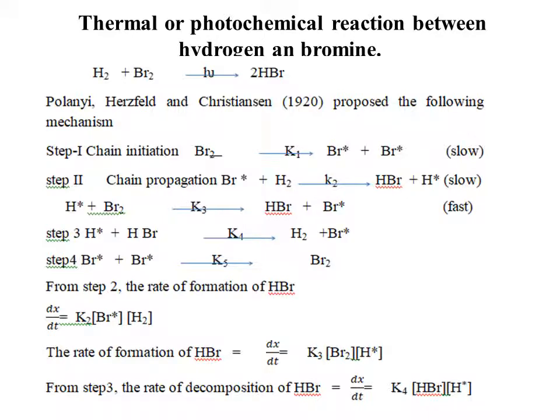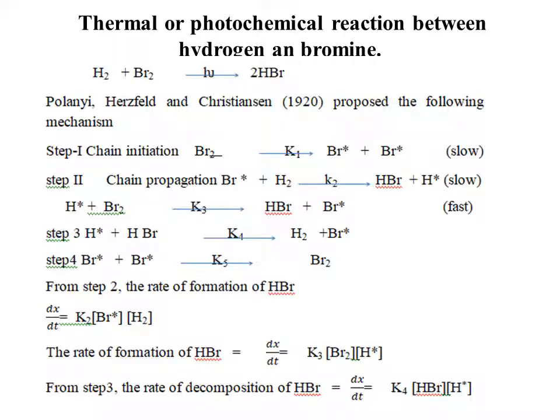Step 1 is the chain initiation, that is bromine decomposes in the presence of sunlight to form 2 bromine radicals. This is a slow step. In the second step, chain propagation, the bromine radical will react with hydrogen to form HBr and produce a new hydrogen radical with the rate constant K2.